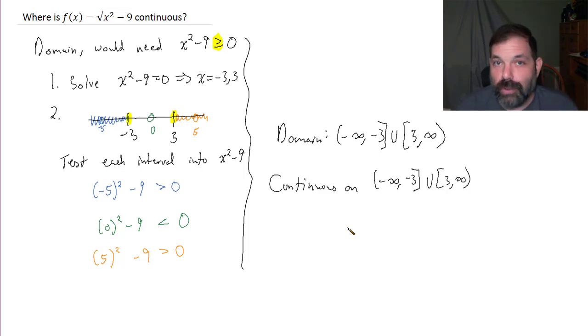For all of our traditional functions, there was a connection between the domain of the function and the continuity of the function. And that's not a surprise to me.